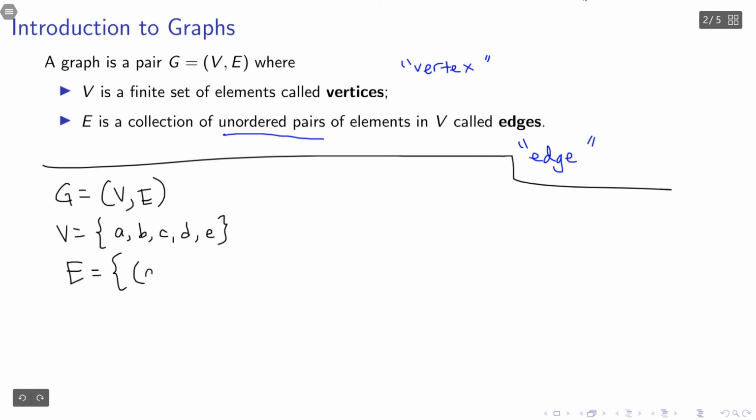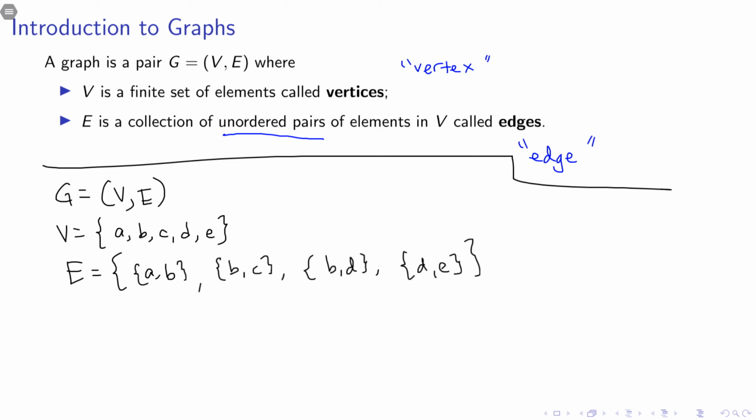So I can have the unordered pair AB, and it's unordered, so you can use curly brackets to denote them if you want. BC, let's say BD, and then DE. So that's a graph.